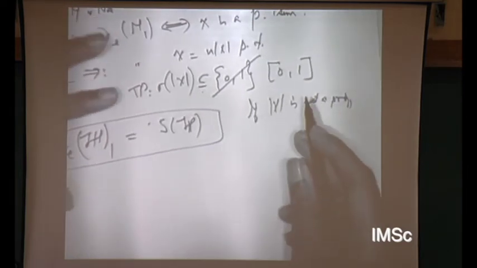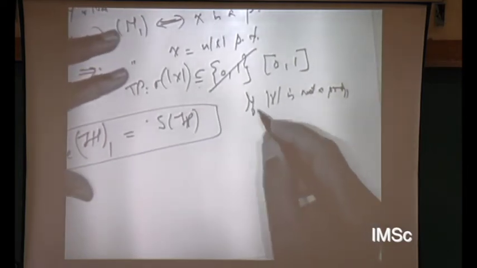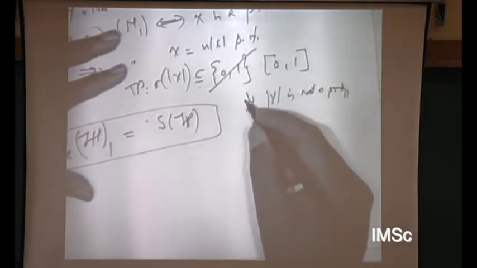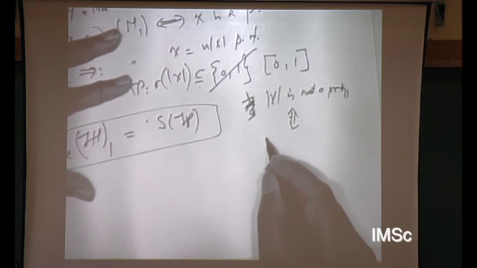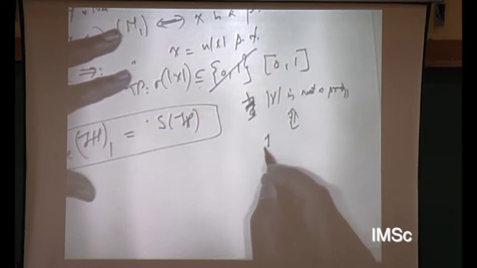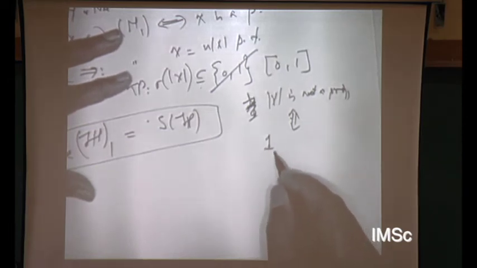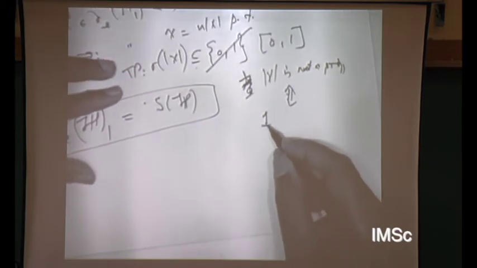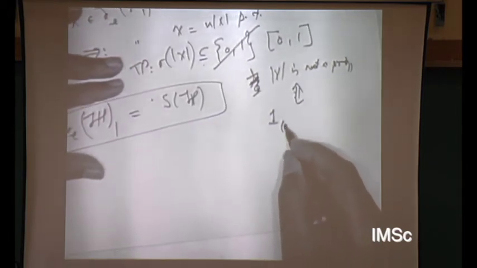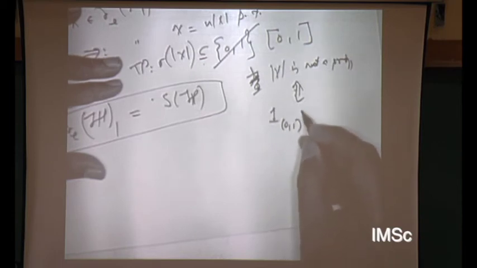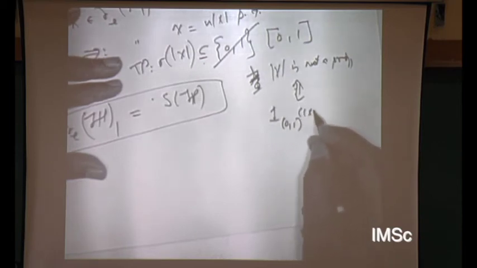Or equivalently, to say mod X is not a projection is equivalent to saying that the spectral projection 1 sub (0,1) is not zero.